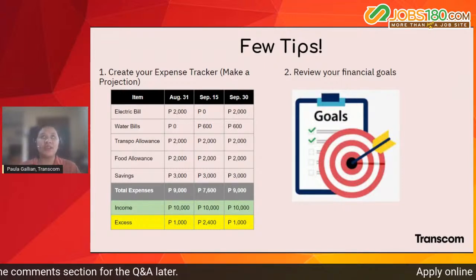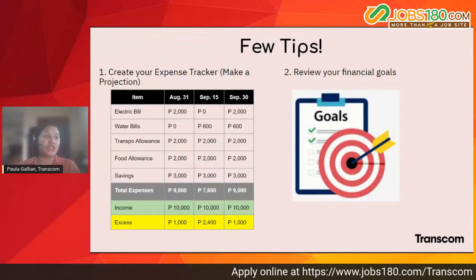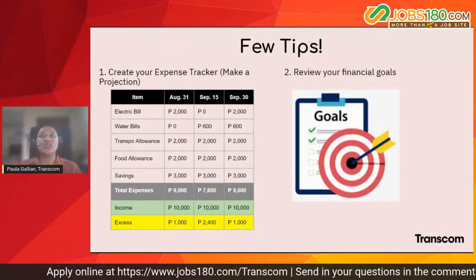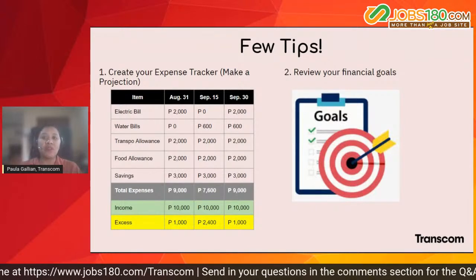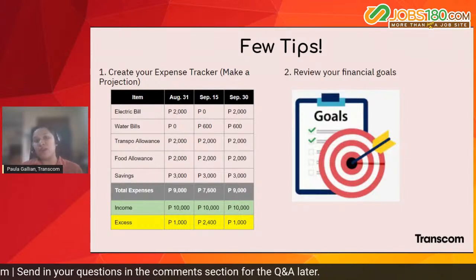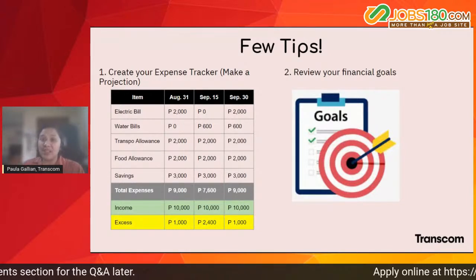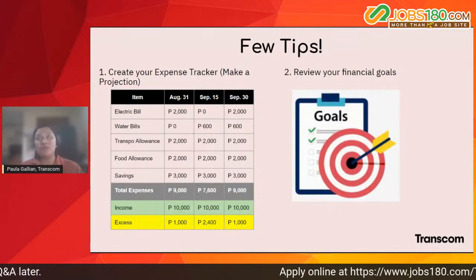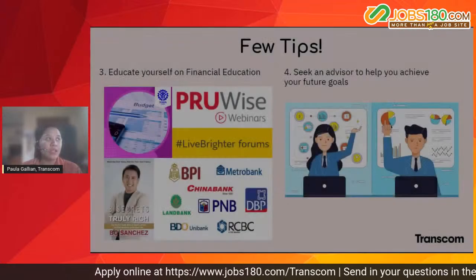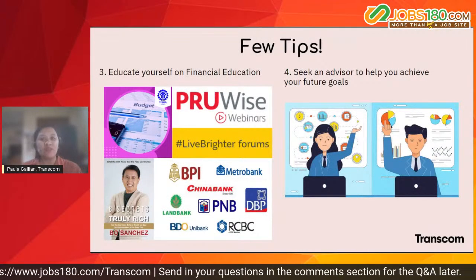Or, of course, there will be a yearly increase for some of the organizations that you will be part of, and the incentive that you will be getting. So kapag under ka doon sa target mo, then do something else, or pwede mo siyang i-add up on the following year for you to be able to achieve it again. And kapag naman over ka sa target, that's good enough kasi you can use the other excess for your other financial goals. And we also have here to educate yourself on financial education.